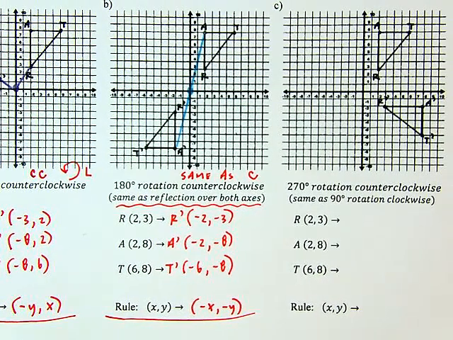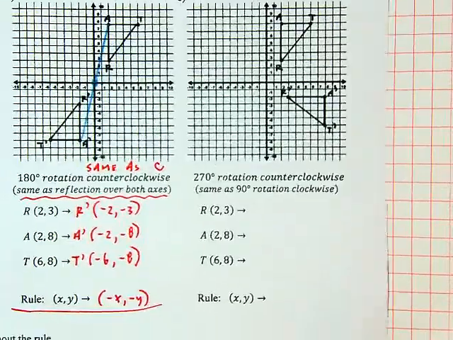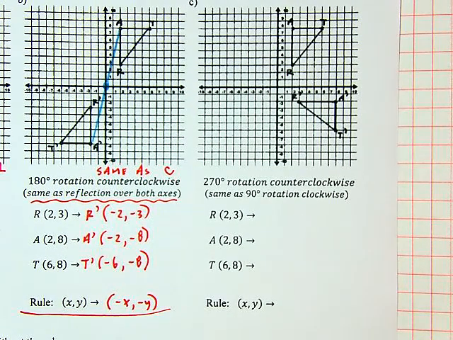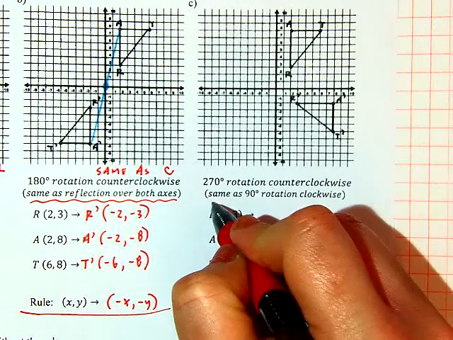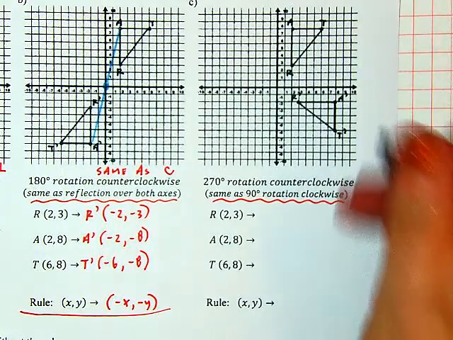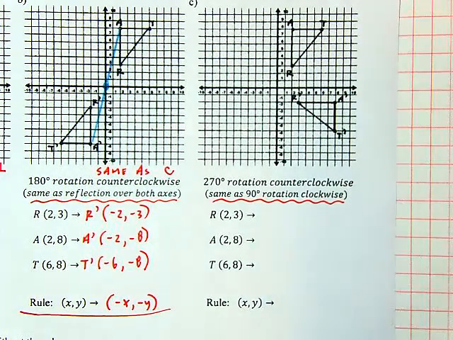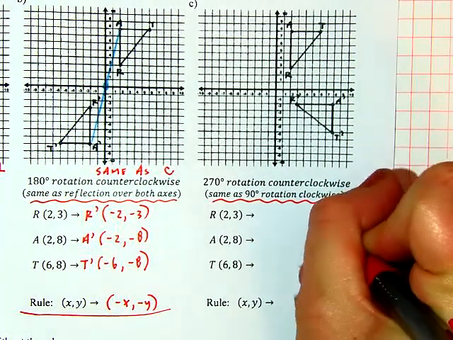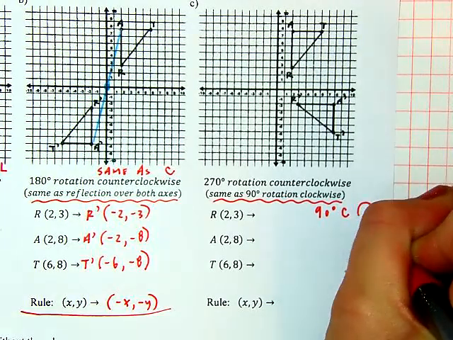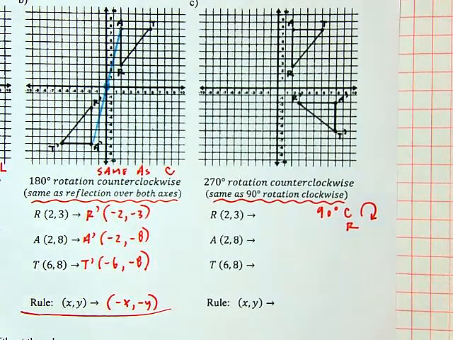All right, one more variation right here. So the 270 rotation counterclockwise. So our book loves to go counterclockwise. I think it's more intuitive to think of it as 90 degrees clockwise. Okay, so we know that that means if we're following 90 degrees clockwise, it means we're veering to the right, just like so.